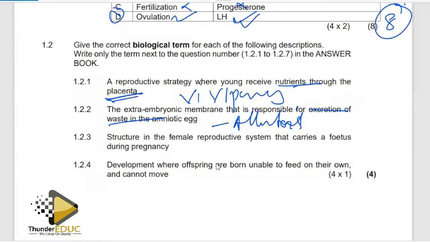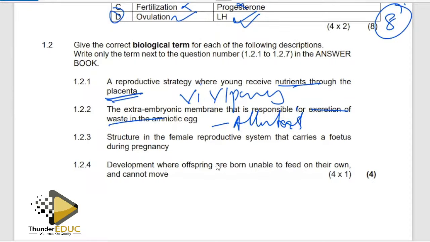A female reproductive structure that carries the fetus during pregnancy. Remember, fertilization occurs, then the zygote moves downwards, forming a ball of cells as it is moving downwards. So implantation occurs in the endometrium.